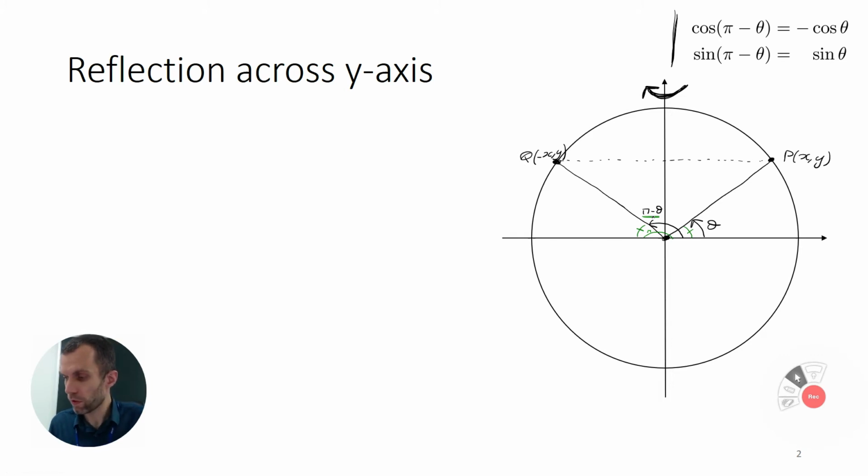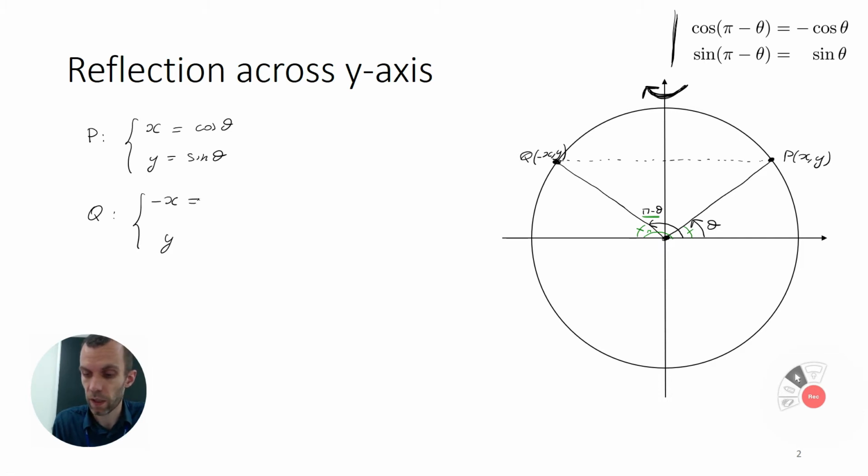So that's our picture, and now let's write down what that picture tells us. If we look at the point P, on the one hand we have that the coordinates are x equal to cosine theta and y equal to sine theta. And now if we look at the point Q, the coordinates are minus x and y, and these are also equal to cosine of pi minus theta and sine of pi minus theta.